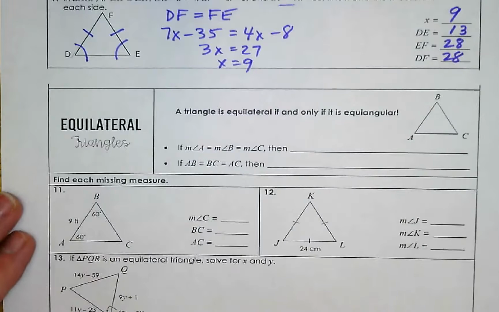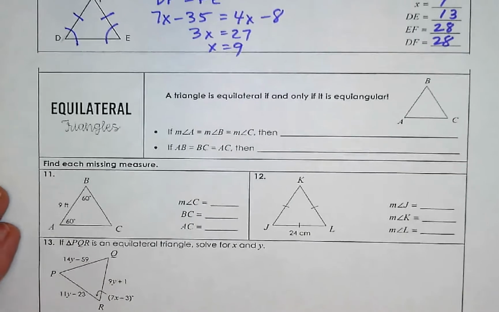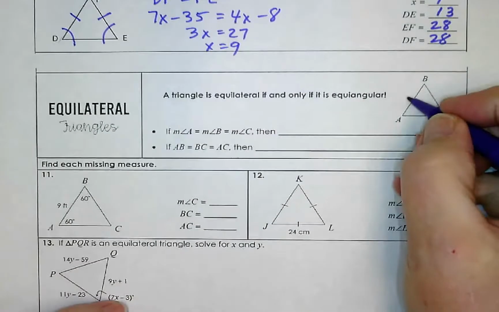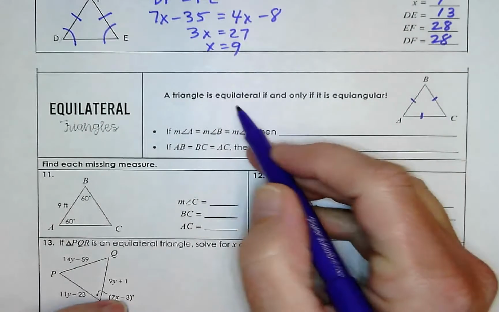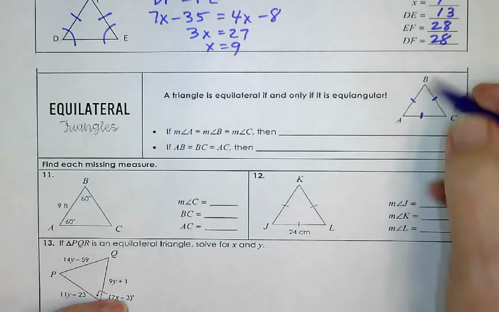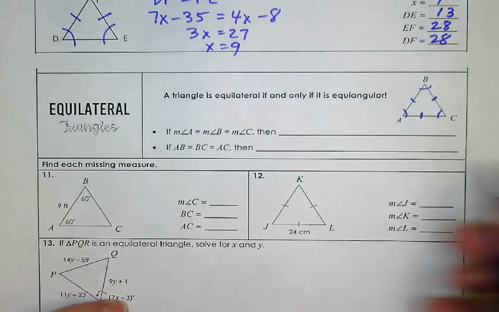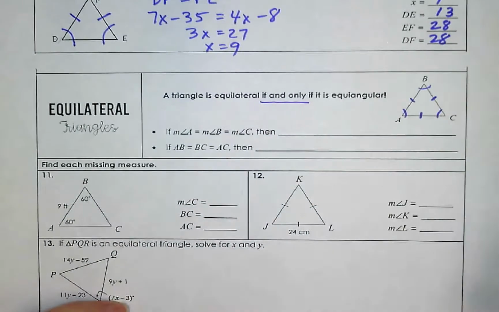Okay, our second idea is the equilateral triangle, which, if you remember from our definition before, is a triangle with three equal sides. And at the time we mentioned that if it has three equal sides, then it has three equal angles. This is an if and only if, which means it works both ways.